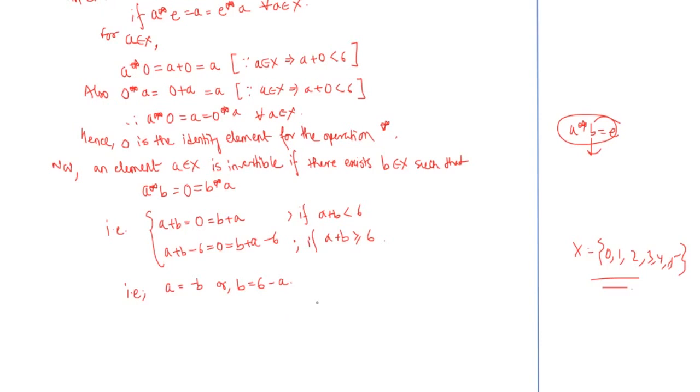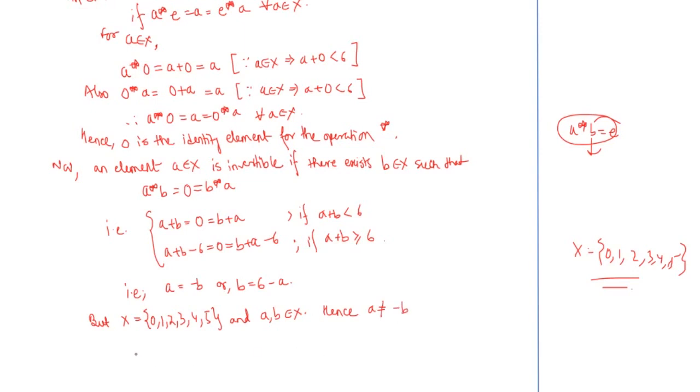But for a equal to 0, b equal to 6, which exceeds this set. Hence, if a is not equal to 0, you can clearly see, with X equal to {0, 1, 2, 3, 4, 5} and a, b belongs to X, a is not equal to minus b.